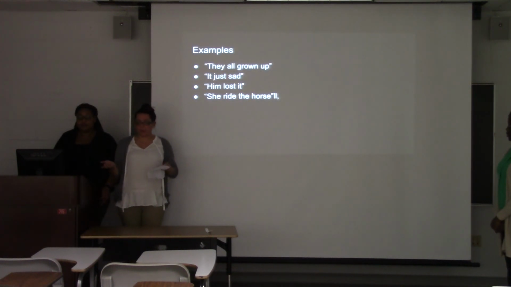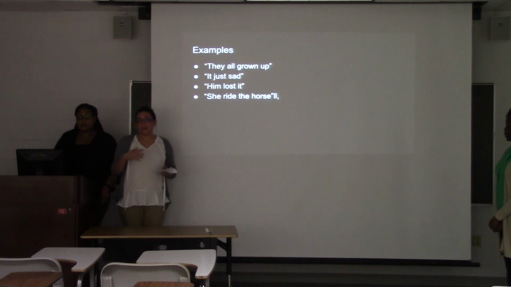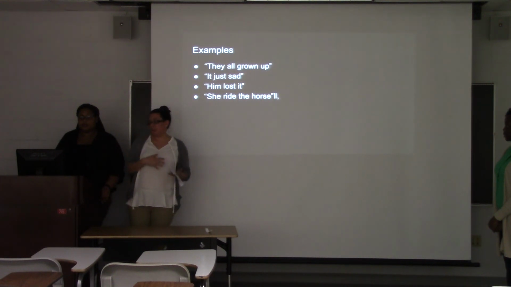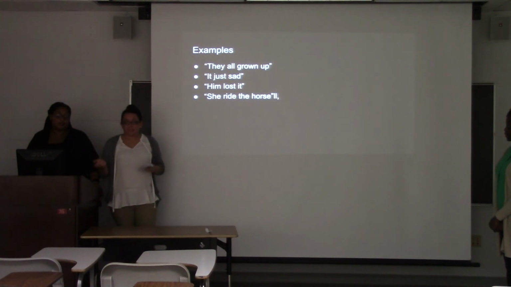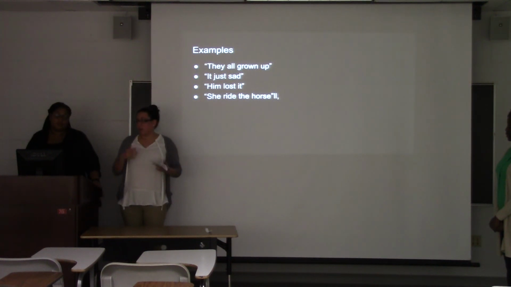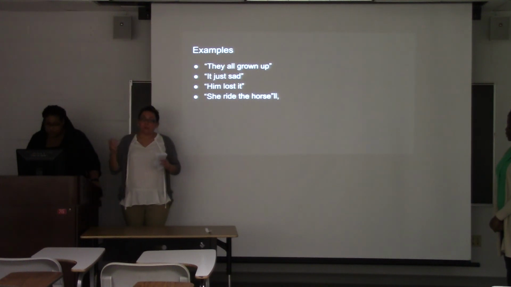Some examples are they all grown up, where the correct form should be they are all grown up, and it just sad, where the correct term would be it is just sad. Like I said, him lost it should be he lost it, and she ride the horse should be she rides the horse.